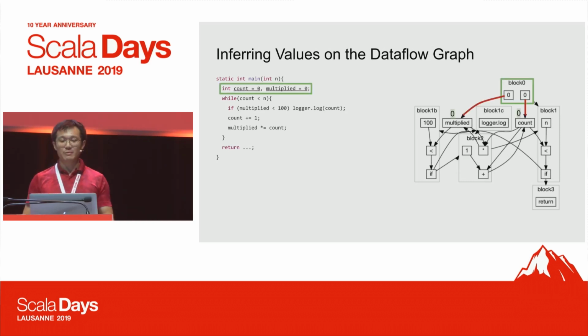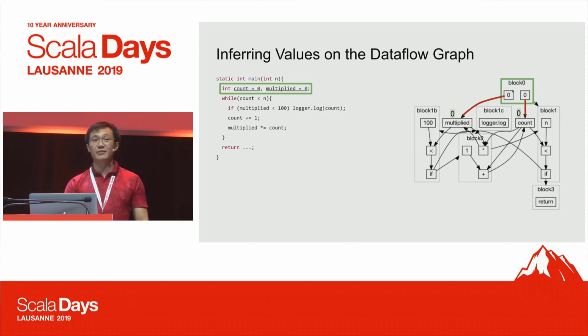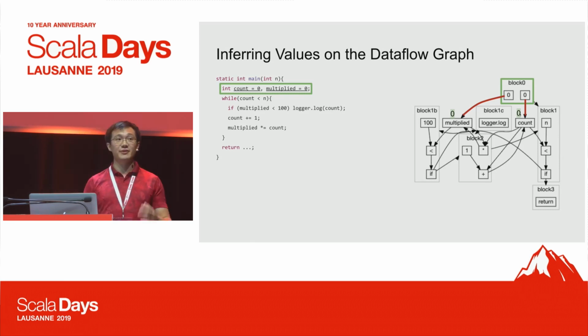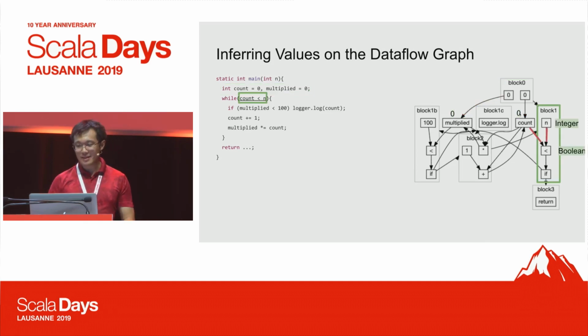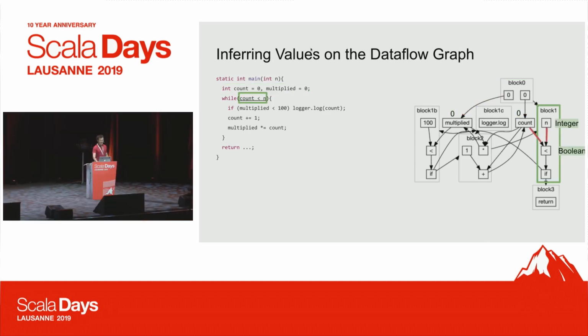First, we start off at the top of the function in block 0. We look at this and see it's assigning 0 to multiplied and 0 to count. So I can assign these two inferences 0 and 0. Next, the block that executes is this count less than n check. This is to check whether to go into the while loop or just exit and return directly.